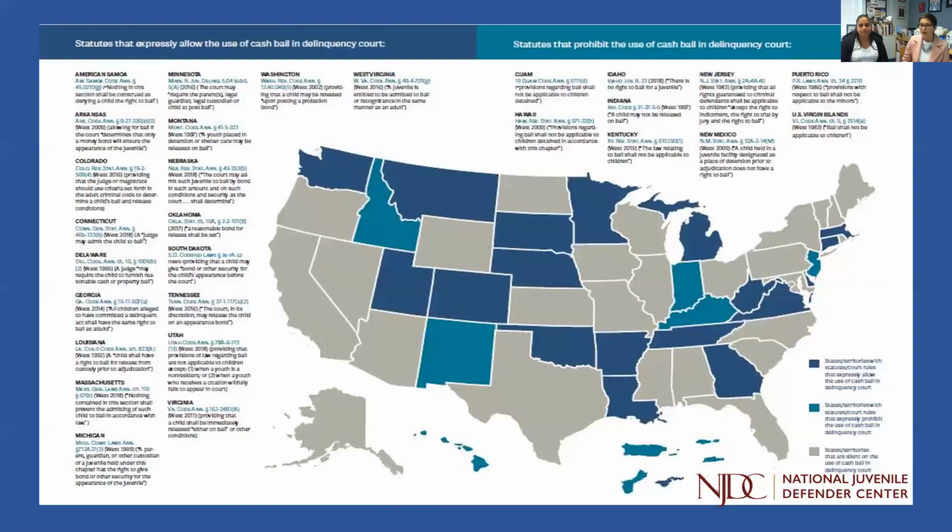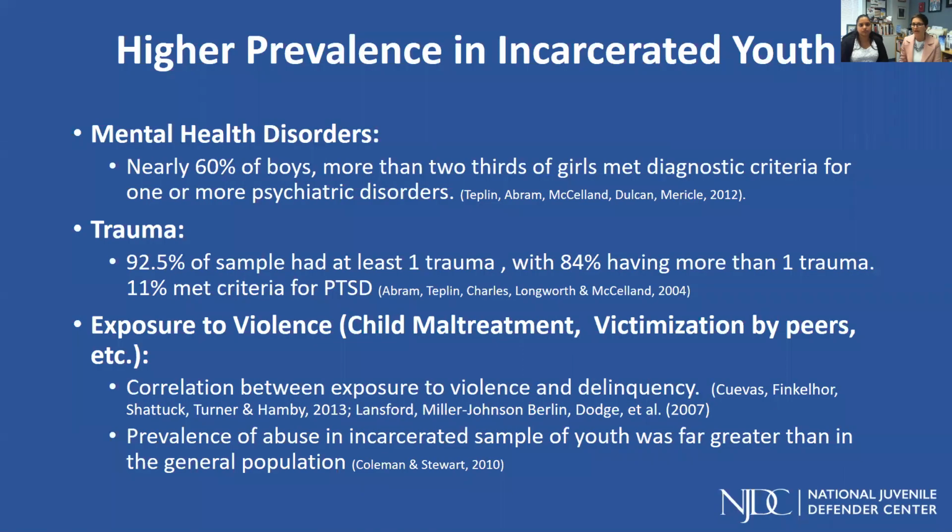So we hope that everyone who's advocating against pretrial detention of youth is also aware of the high prevalence rates of certain issues among young people who are in juvenile courts. It's clear from numerous research studies that rates of mental health disorders, trauma, and exposure to violence and child maltreatment of young people in the juvenile court system are far higher than young people in the general population.